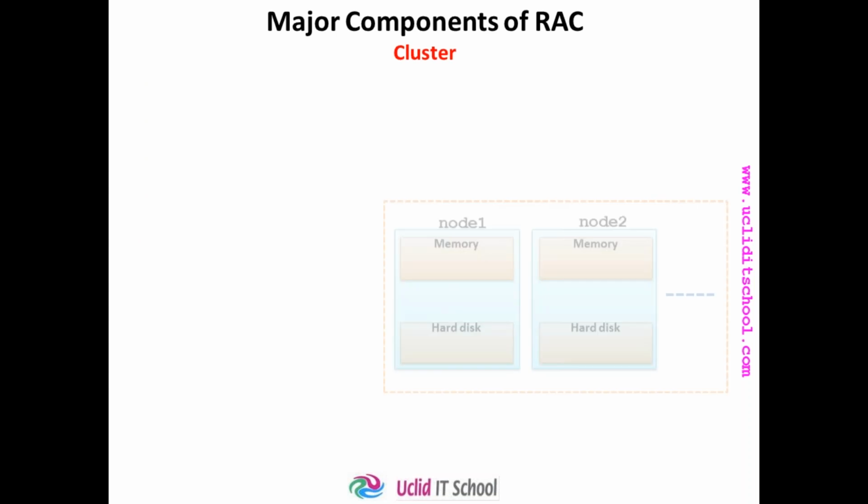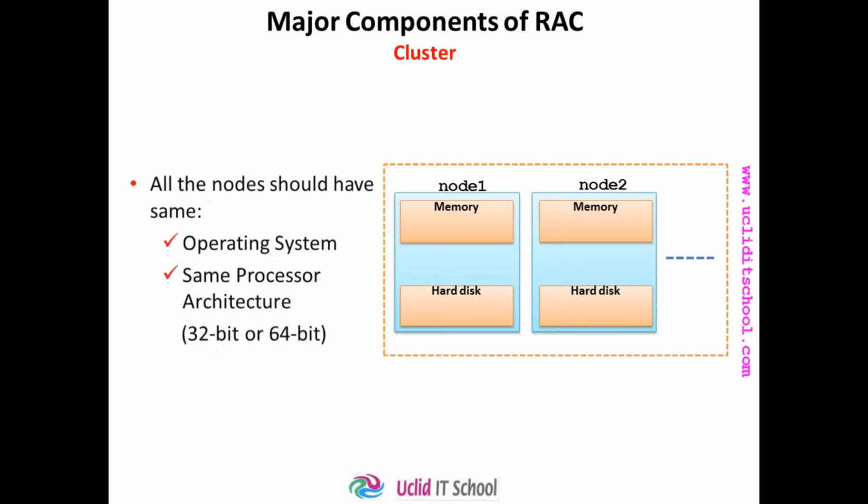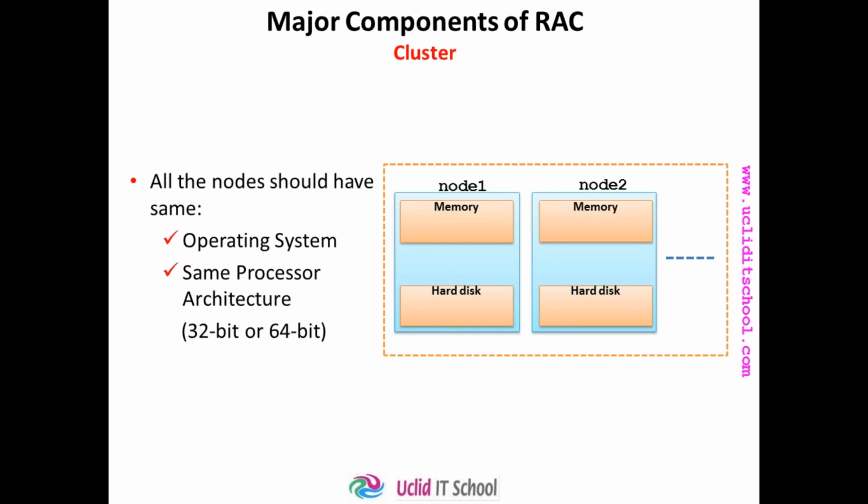Now by now you know a cluster is a group of two or more servers acting as a single server. Now when it comes to RAC, what is the criteria? Every server in the cluster should run the same operating system and same processor architecture.